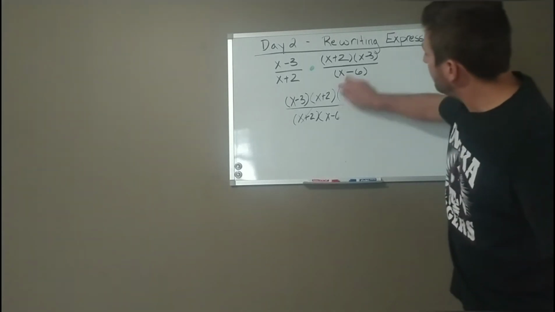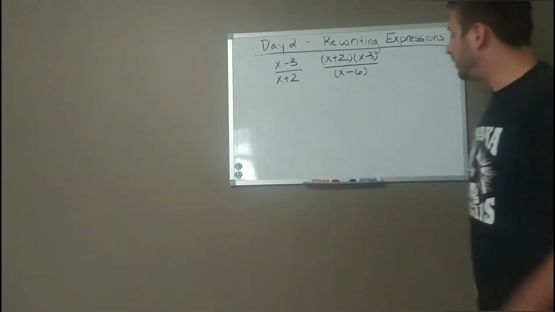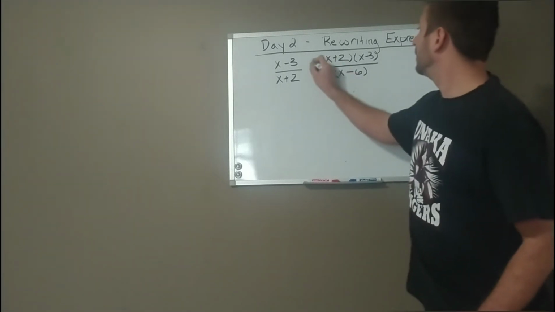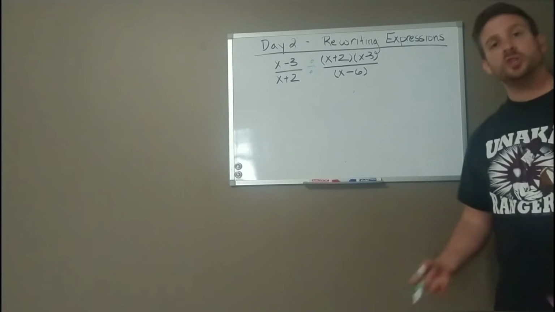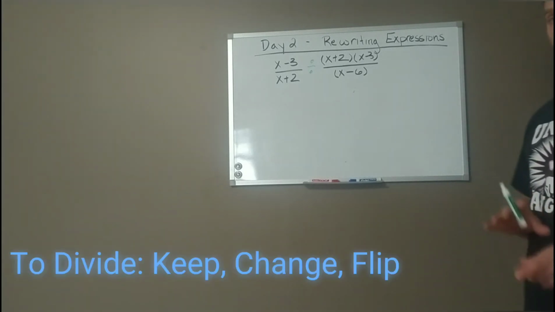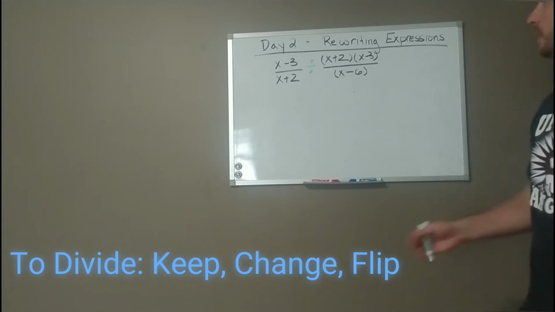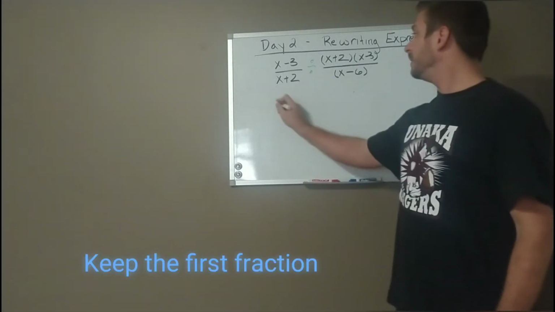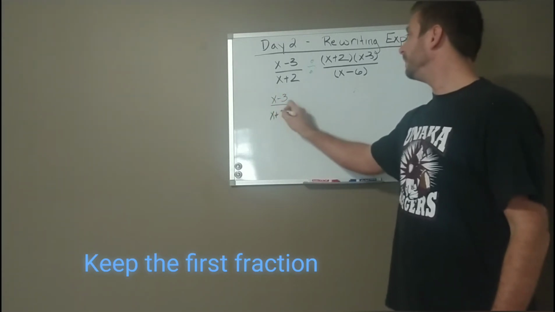Division is not much more complicated. And so if we want to divide these expressions, what that gives us is keep, change, flip. So when we divide rational expressions, we keep the first side the same. So that's the keep. X minus 3 over x plus 2.